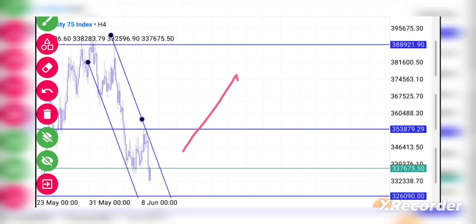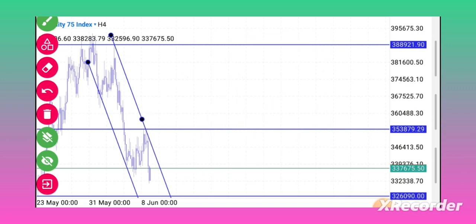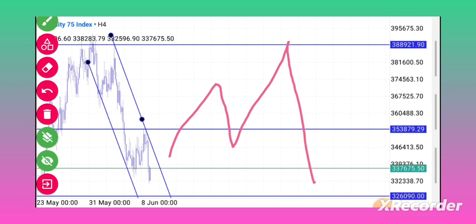Whenever the market is going up, making higher highs and higher lows, we have to wait for the market to form this pattern around here, when it's making the higher high and higher low. After identifying the higher high and higher low, the market comes and takes this higher high. What we have to wait for is the market to come and take the previous higher low after taking the previous higher high.